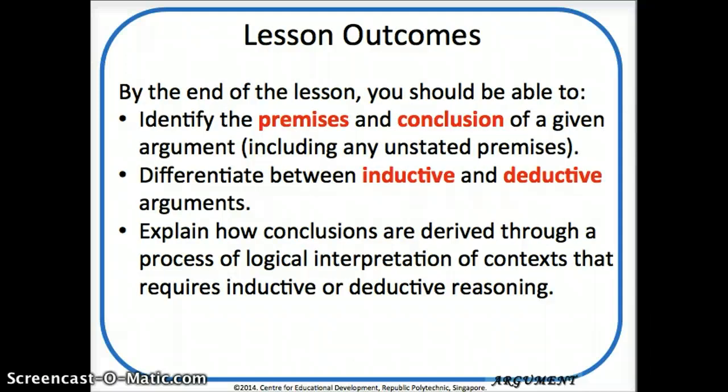So in summary, today we learned how to identify the premises and conclusion of a given argument, differentiate between inductive and deductive arguments, and explain how conclusions are derived through a process of logical interpretation of context that requires inductive or deductive reasoning.